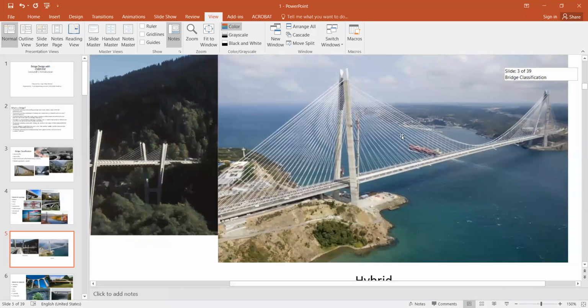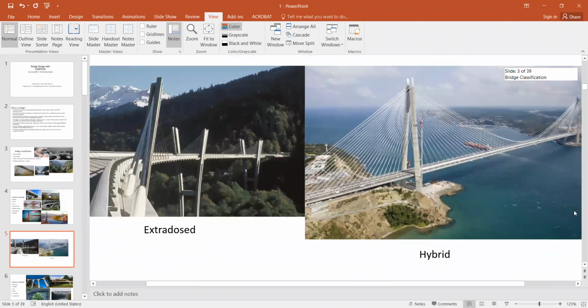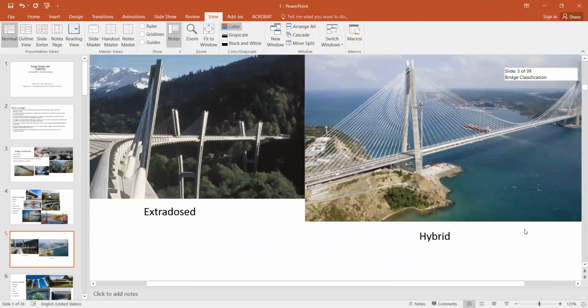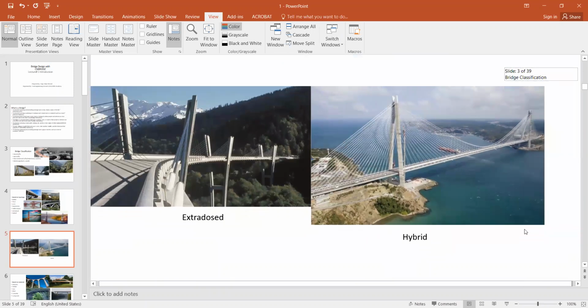You see that the spans near the support are cable stayed, but the mid span is a suspended span. So we can also use a hybrid type of system depending upon the available site condition.